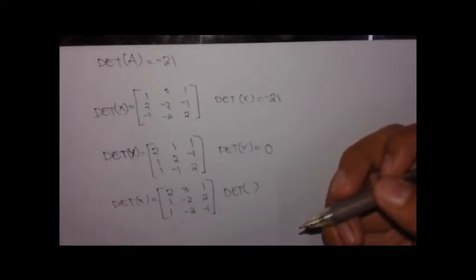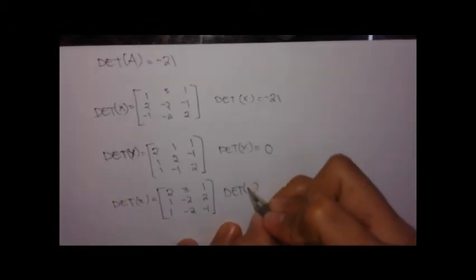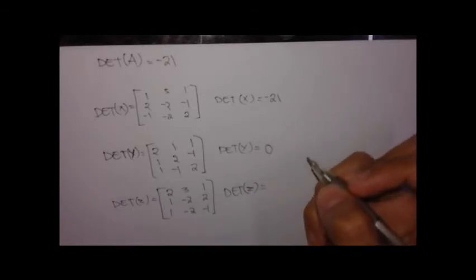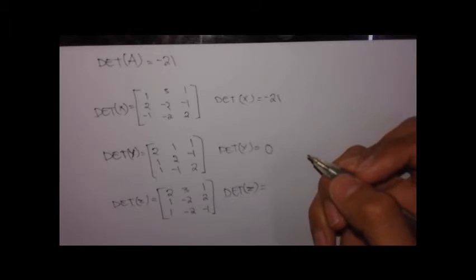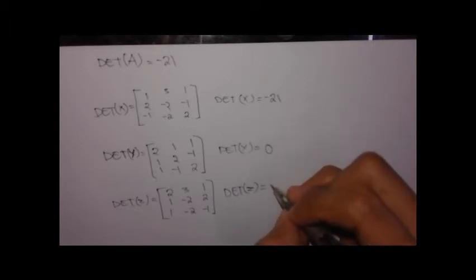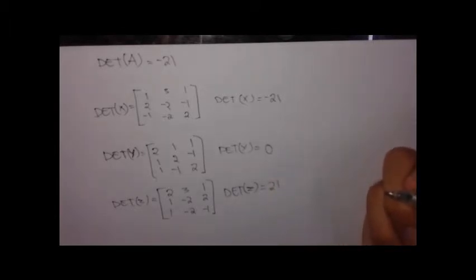So the determinant of z is equal to negative 21.